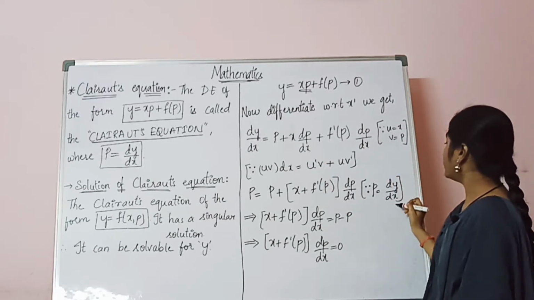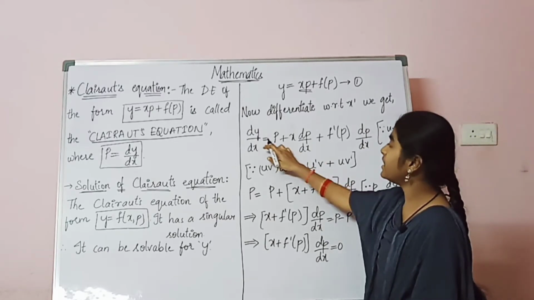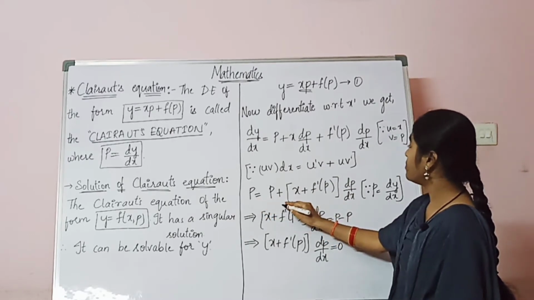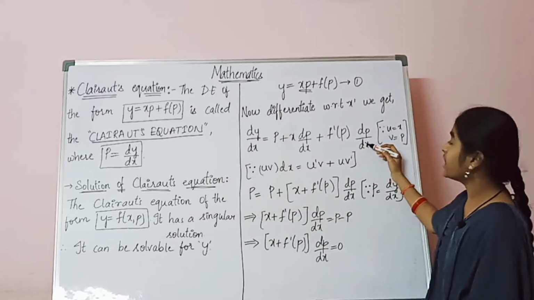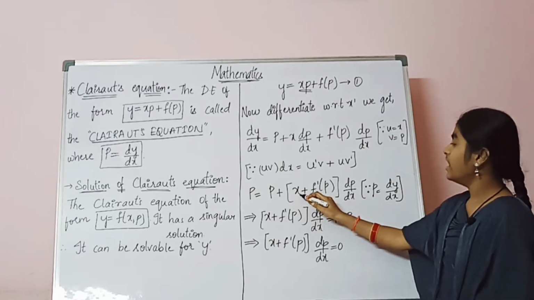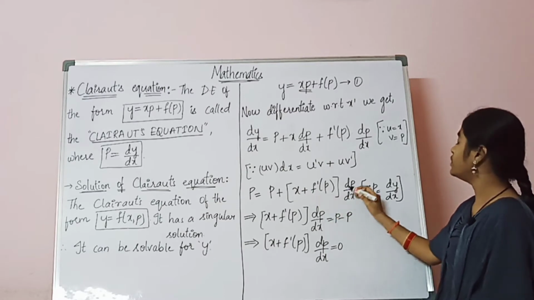Since p equals dy by dx, in the place of dy by dx we substitute p. So p equals p plus, taking dp by dx common, x plus f dash of p into dp by dx.